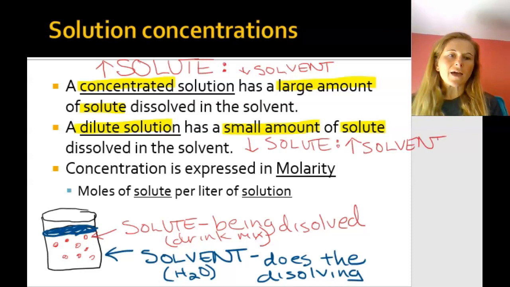So that drink mix, that Kool-Aid back in the day, or Gatorade powder, or Mio, or Crystal Light, or whatever it is you enjoy as a drink mix, if we have that mix already dissolved in our solvent and we want to dilute it, we would add more water, right, to make it more dilute.